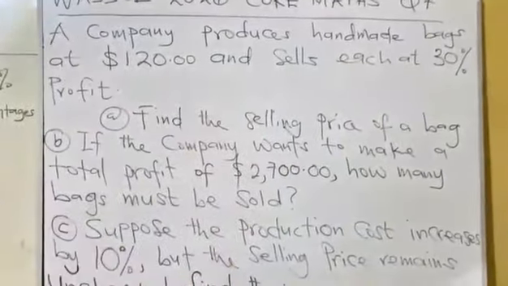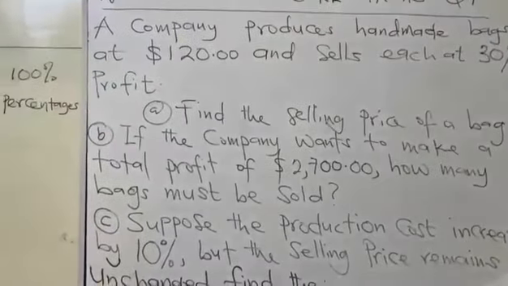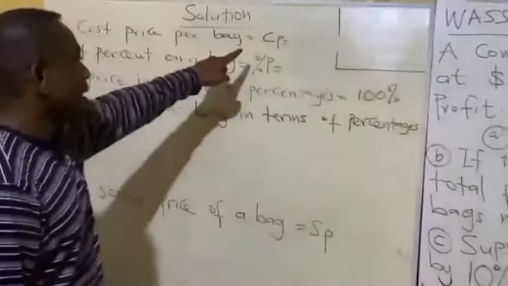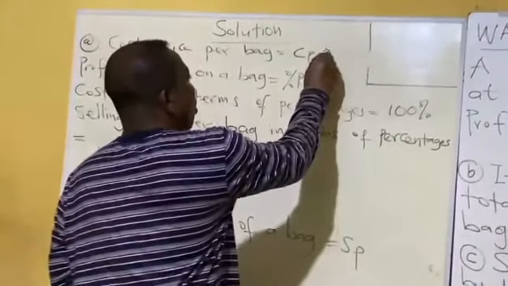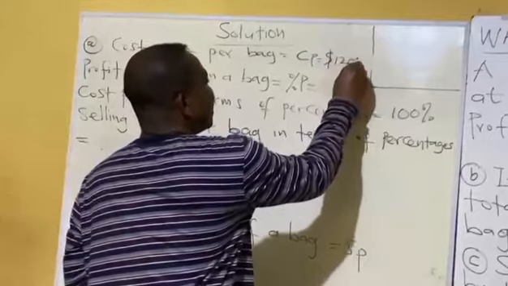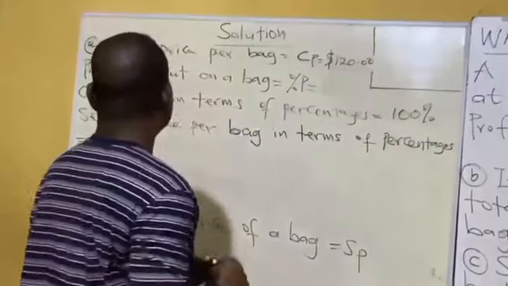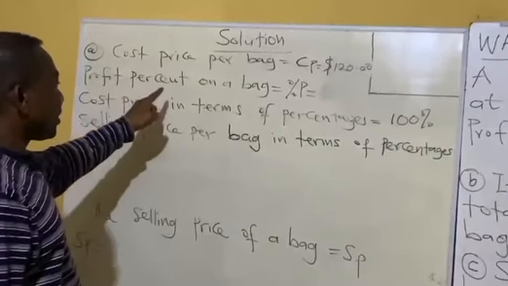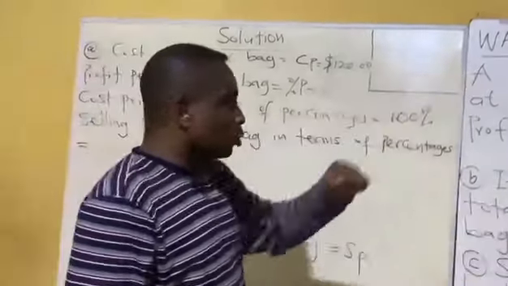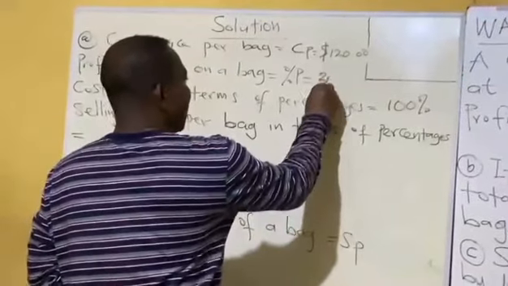Okay, so from the question, we are told that the cost price per bag, CP, is equal to $120. The percentage profit on a bag is equal to 30%.